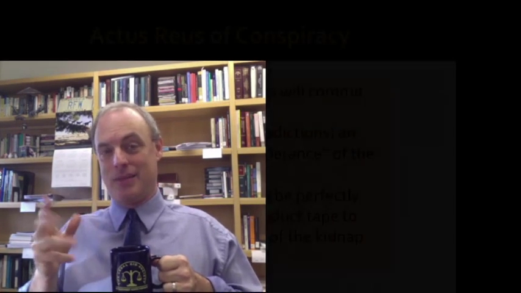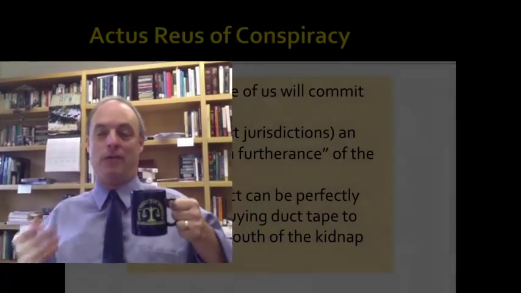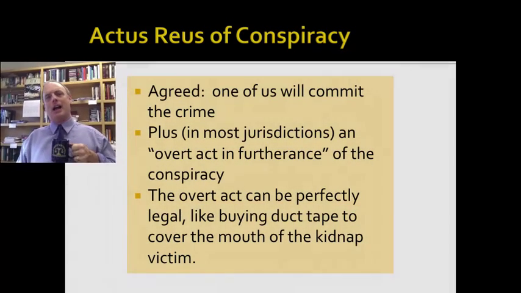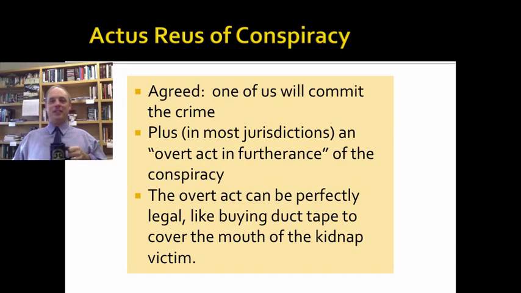Second, in almost all jurisdictions, you need an overt act that at least one of the members of the conspiracy performs. But for this overt act, notice it can be a tiny little something. It could be something that is as perfectly legal as going to the store and buying duct tape for the kidnapping.